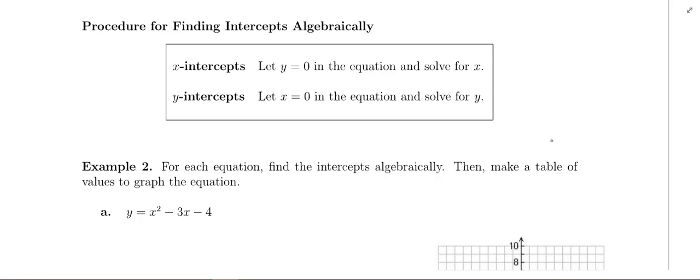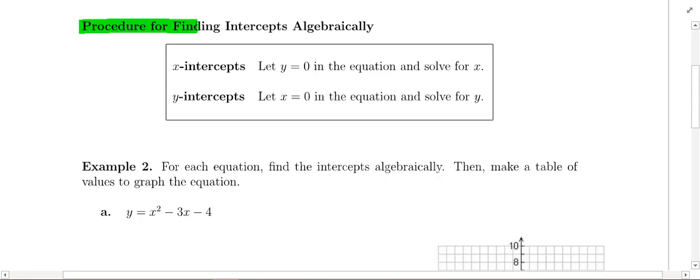Again, this works because we've seen from the graphical method that if you are dealing with a y-intercept, its x-coordinate is 0. This is a very important box. It gives you the procedure for finding x and y intercepts algebraically.